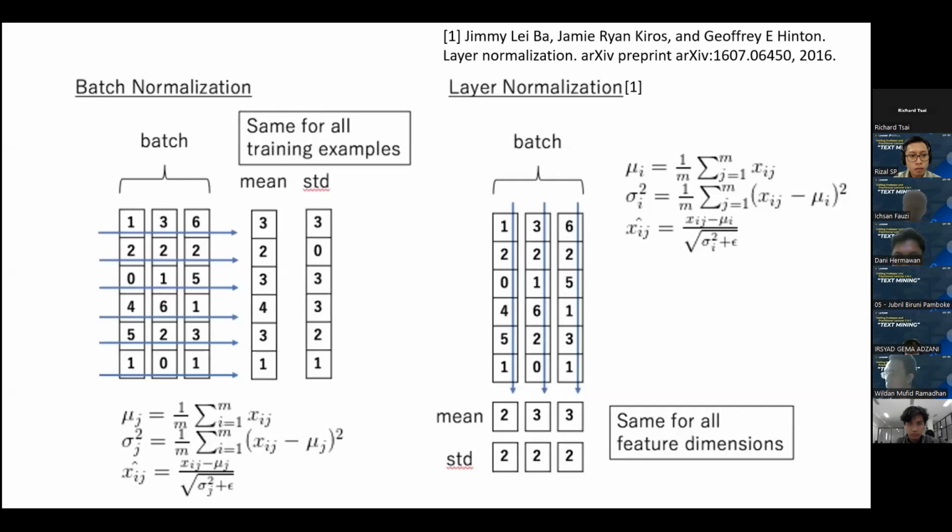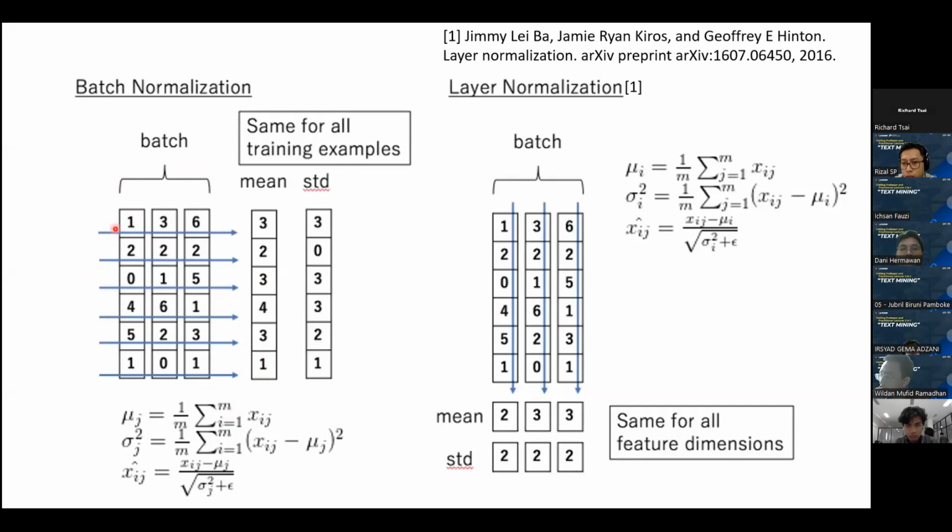Now let's introduce two types of normalization techniques. The first type is called batch normalization. It involves normalizing values within the same dimension. For example, on the left-hand side, we have three vectors.